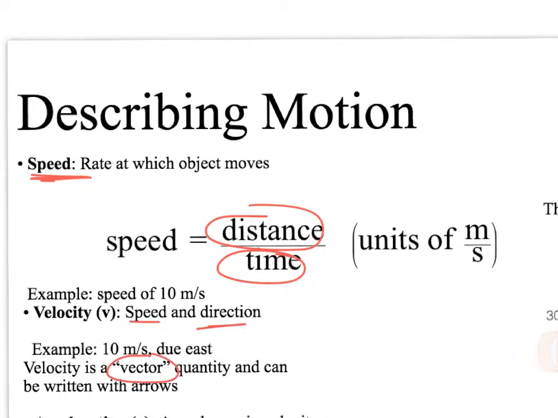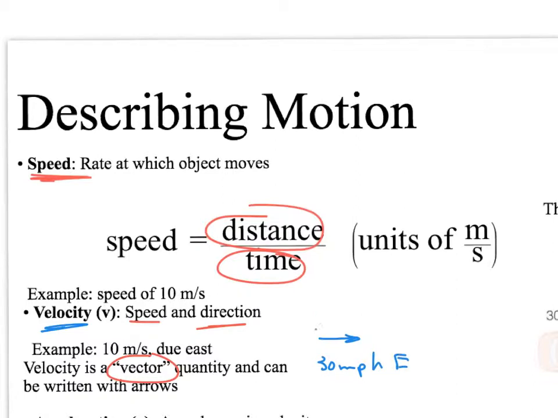We could use arrows to indicate your velocity. So for instance, if you are going this way, we could call that 30 miles per hour east.